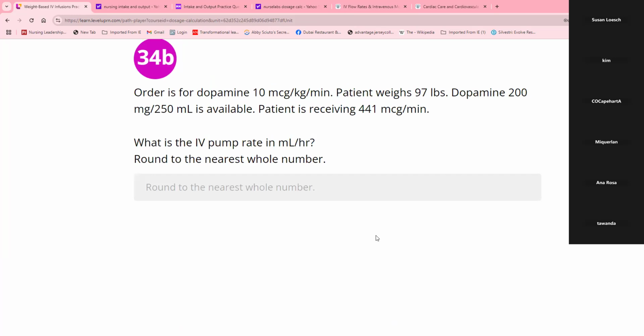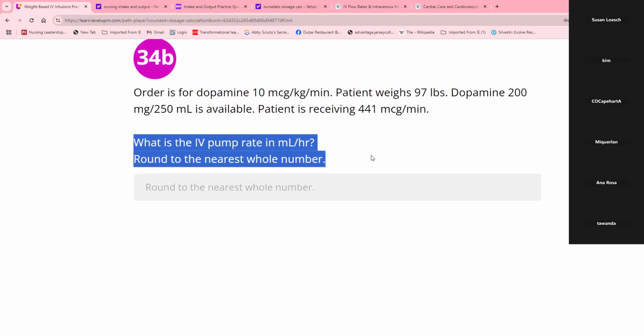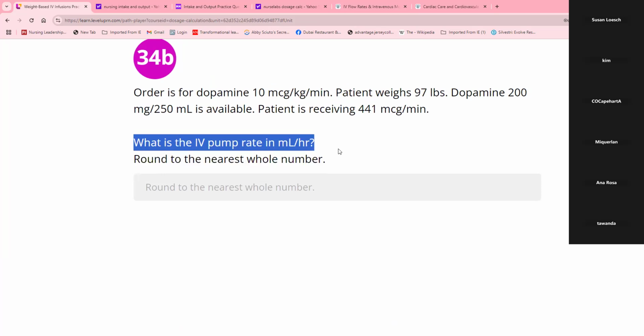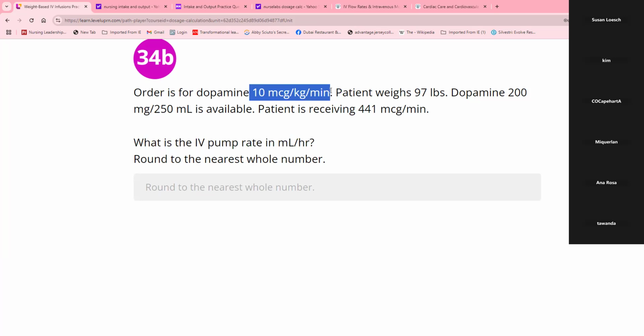It's asking you for mLs per hour. And your calculation is in what? It's in micrograms per minute. Okay, so let's start with the weight.